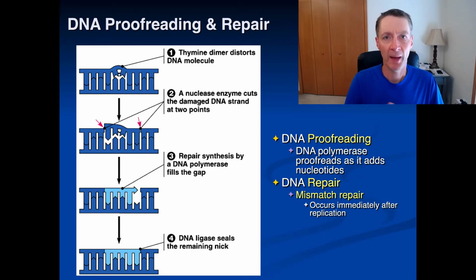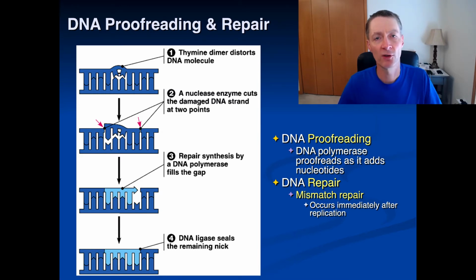Well, I don't have to backspace. What I can do is specifically go back to those places where I have errors and correct them. This is mismatch repair. And this would require a slightly different set of enzymes, but again, it's a way to deal with spontaneous mutations. One is DNA proofreading, it's like backspacing.